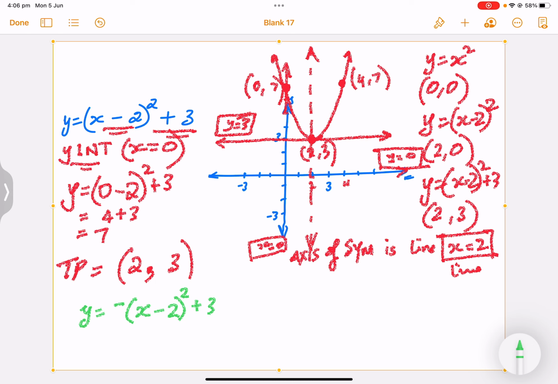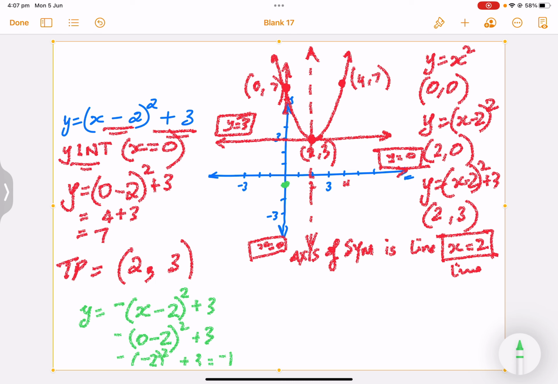Like if you put a 0 in there for the y-intercept, put 0 minus 2, you get negative 2. Negative 2 squared is 4. Negative 4 plus 3 is equal to negative 1. And it's going to cross here.